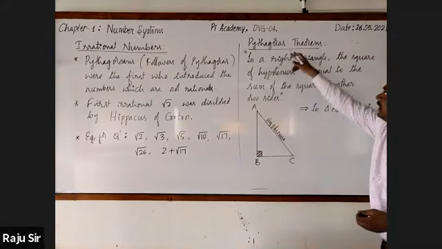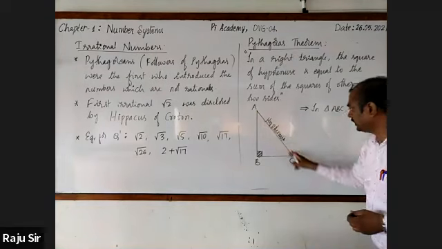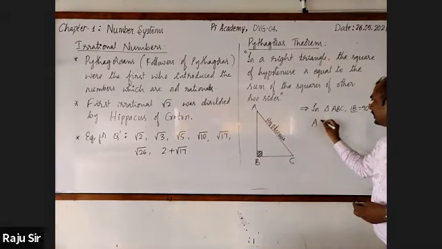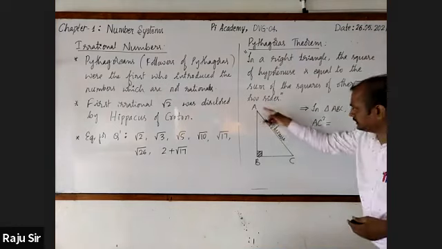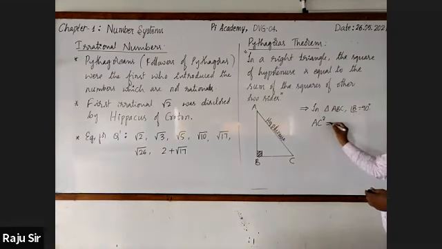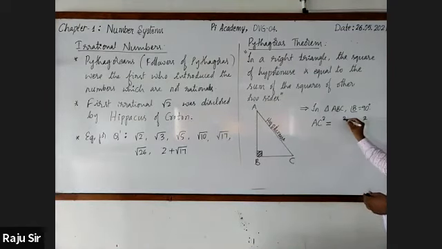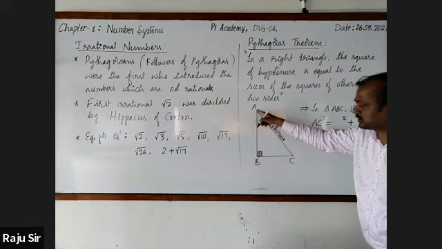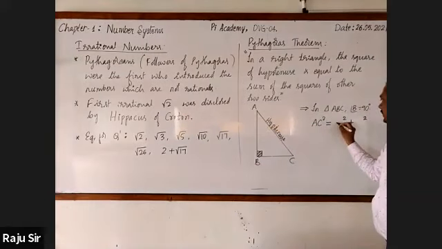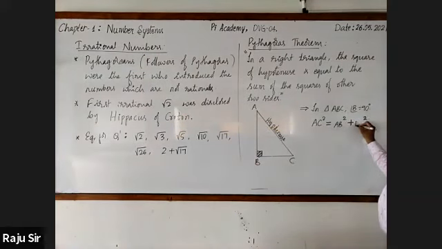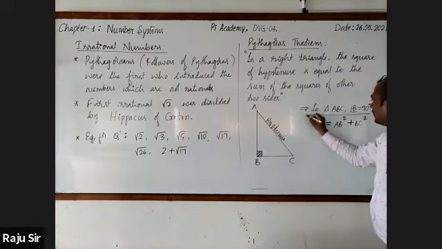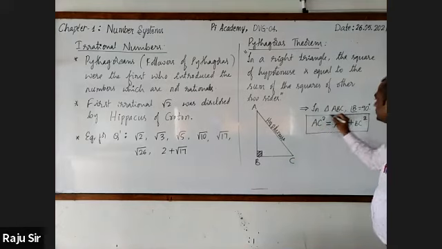As it is 90 degrees, according to Pythagoras theorem, we can write square of hypotenuse, that is AC square, is equal to the sum of squares of other two sides. Other two sides are AB and BC, right? That is AB square and BC square. Highlight that with a box.